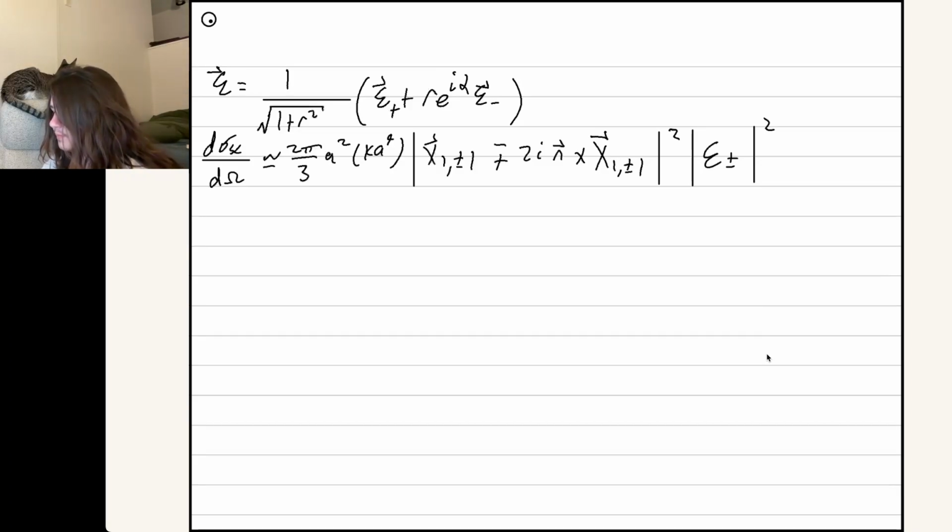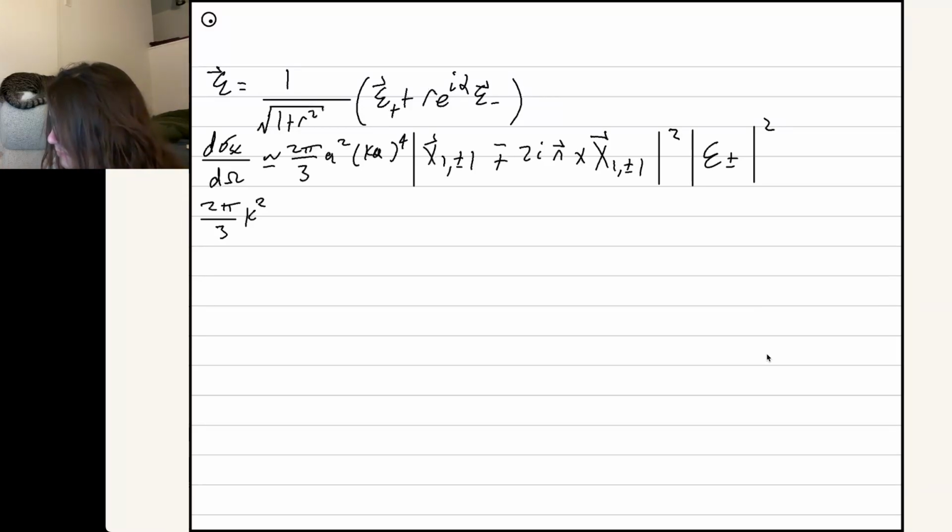So for us, that's going to look like 2 pi over 3, and then I'm going to combine k a to the fourth times a squared into, or no, it's not k a to the fourth, it's k times a all to the fourth.